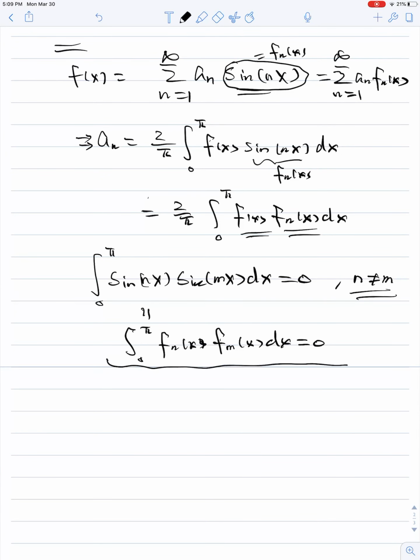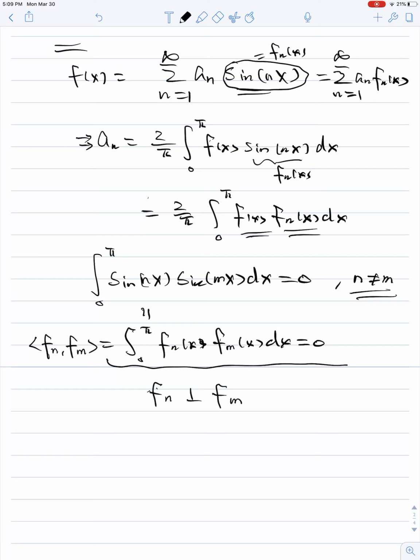Now this fact here says that fn is orthogonal to fm. Why is that? That is because on these functions we introduce an inner product, defined as the inner product of fn and fm.